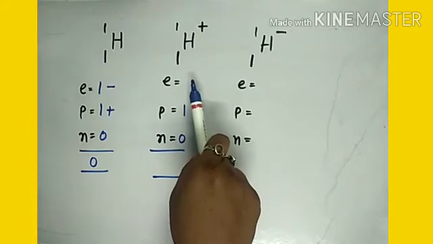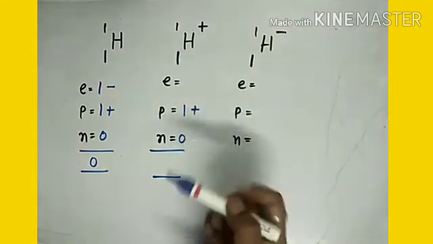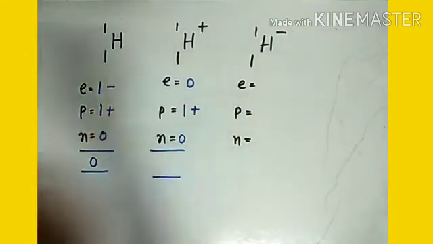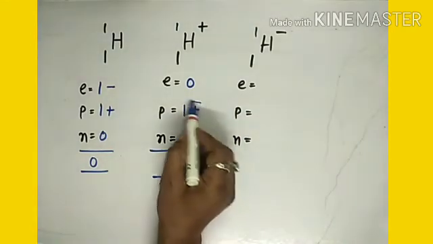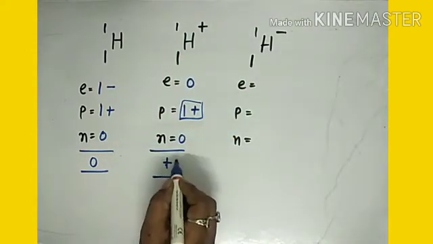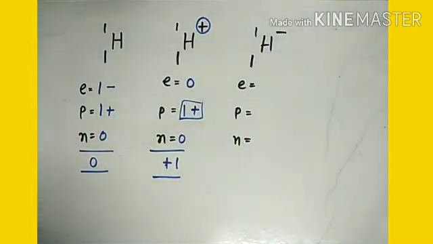So basically 1 electron is out, which means it is not having any electron. So 0 electron is there. That's why the charge will be plus 1. So here we have to mention the charge, that is plus 1 or plus. I hope it's clear to everyone.